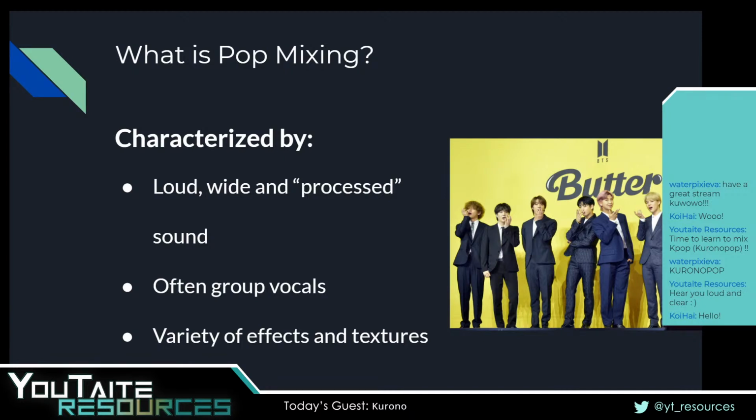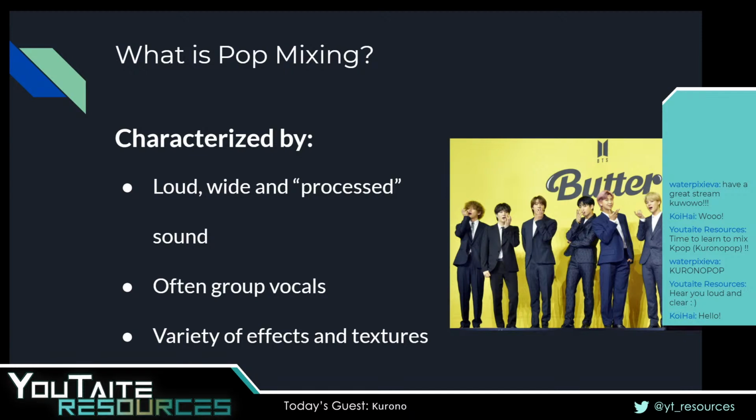A lot of pop songs nowadays, especially on the Asian side, like K-pop, C-pop, J-pop, are group vocals. So that's quite different from the singer with a guitar sound. So you have to really focus your mixing around thinking about having to mix multiple vocalists as you think about your plugin chain.